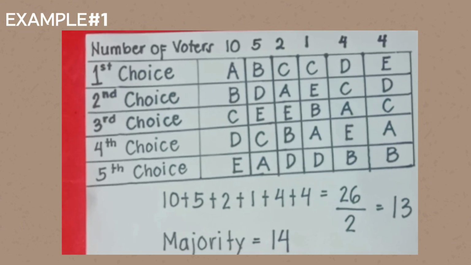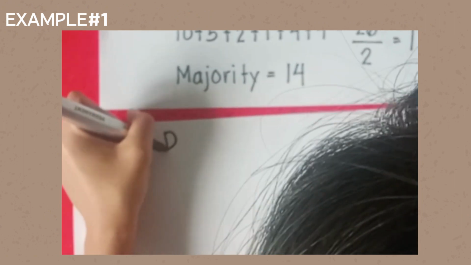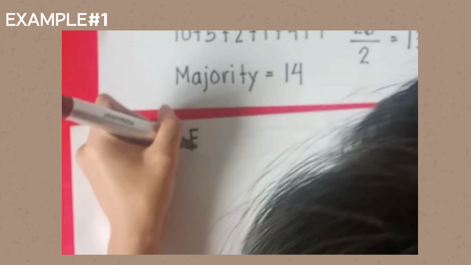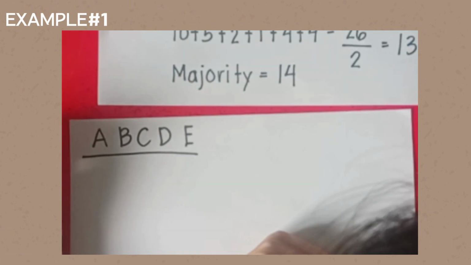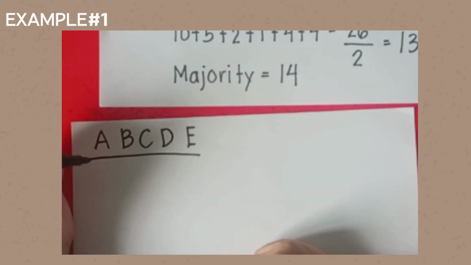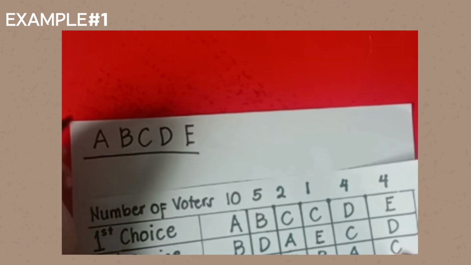Let's make up our chart. We have candidates A, B, C, D, and E. Underneath them, we will write down how many first place votes they have. Candidate A has 10. Candidate B has 5 first place votes.